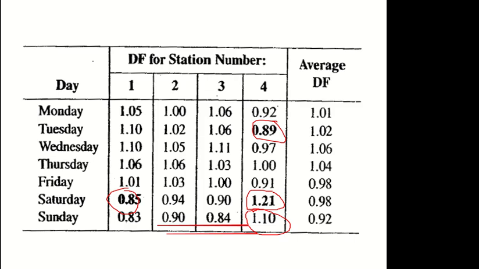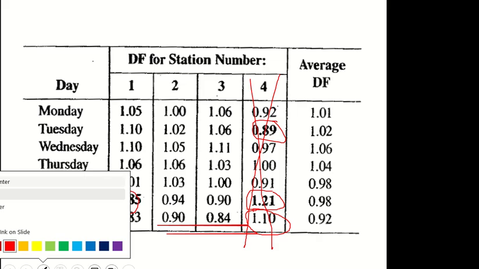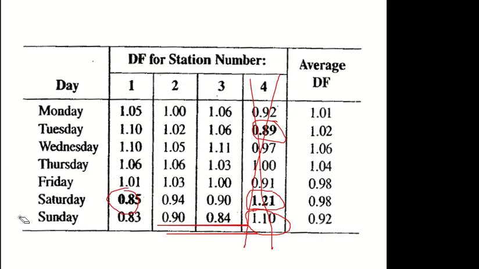So we will bring out station 4. Let me put a cross here. Station 4 is not included now, so we will do the next trial with the remaining locations, location 1, 2 and 3.